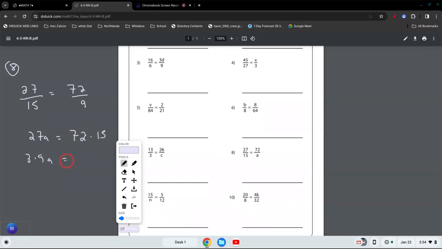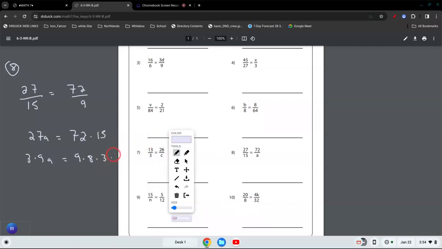I know what this one's already going to be: 9 times 8 times, break this apart, 3 times 5. Reason why I do this, I'm looking at factors I know. 3 times 9, 3 times 9. Put 3 times 9 over here. These go away. This goes away, this goes away. A equals 8 times 5, 40.